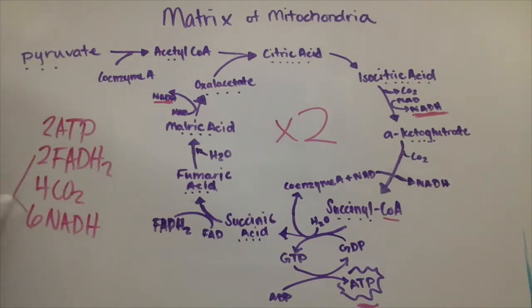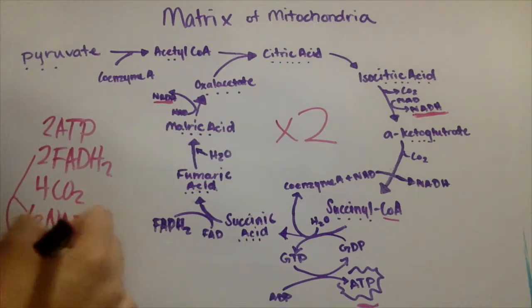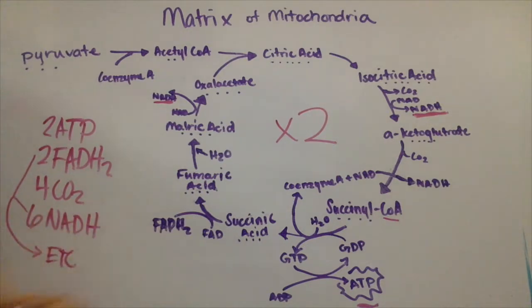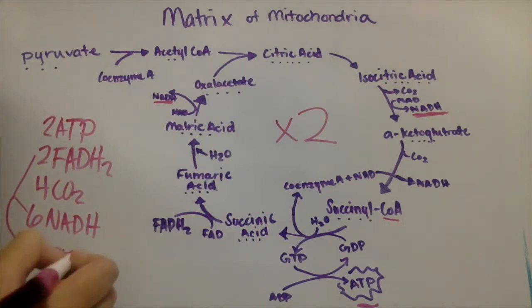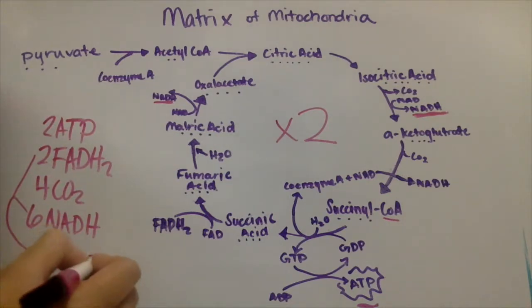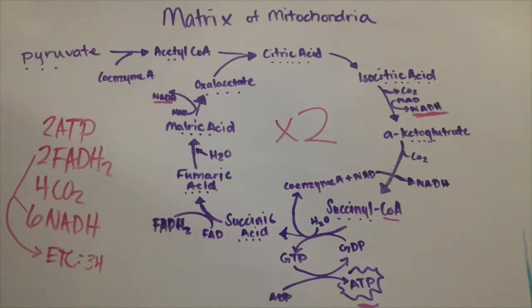These ions are then moved into the electron transport chain to create 34 whopping ATPs.